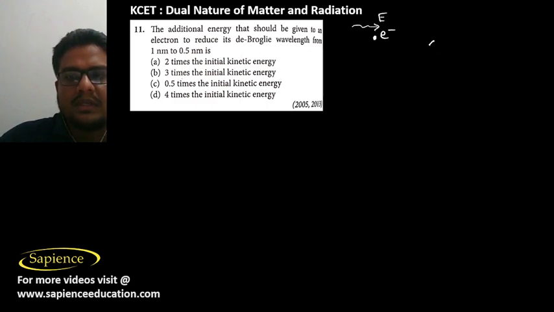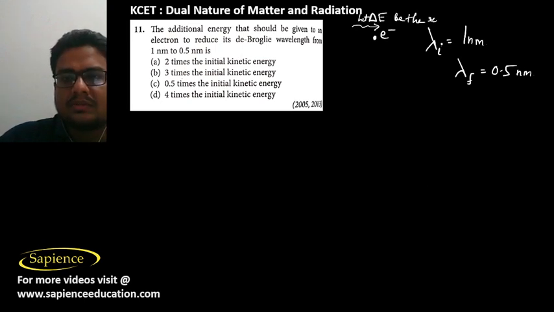So its initial de Broglie wavelength is 1 nanometer and the final de Broglie wavelength is 0.5 nanometer. So how much additional energy should be given? Let delta E be the required additional energy to decrease its de Broglie wavelength.